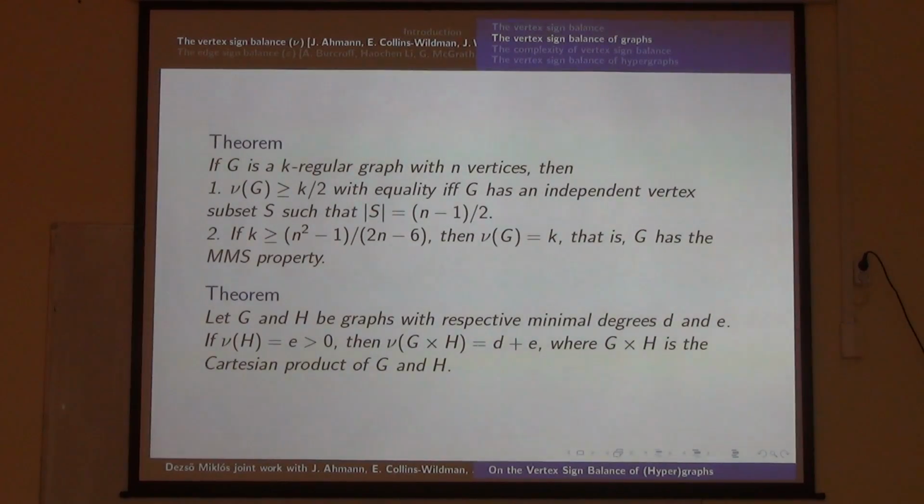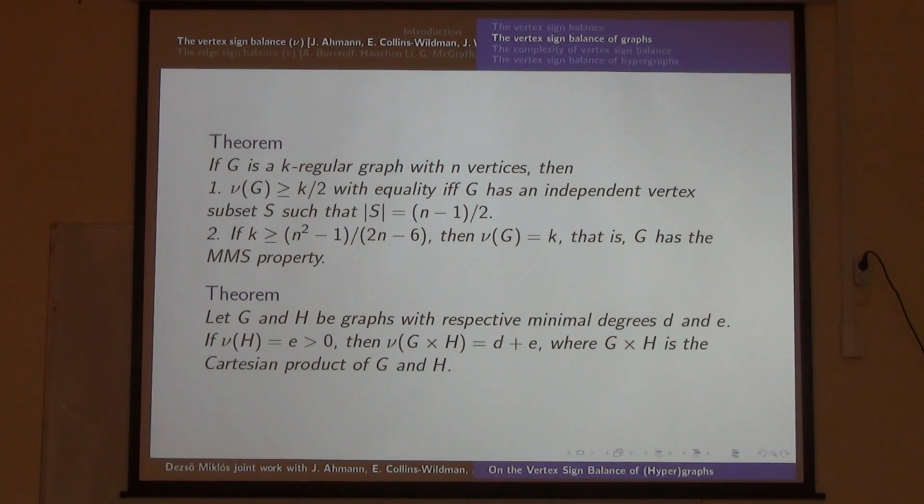For example, the second part of the first theorem says that if you have a k-regular graph and k is very big, almost as big as it can be, a little bit over n over 2, then this graph has the Manickam-Miklós property. So it gives you another family of graphs which have it.